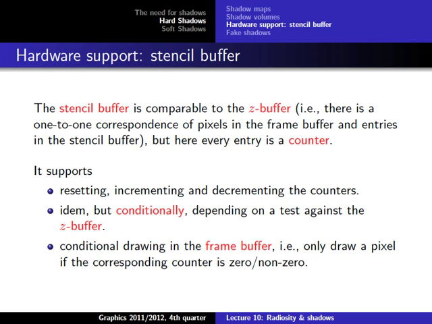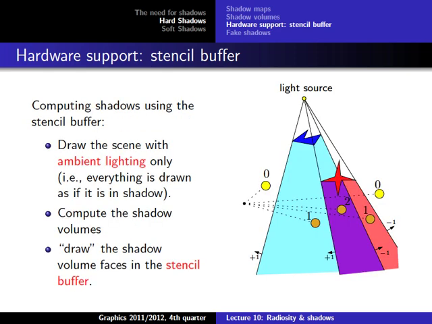The last is the conditional drawing of the frame buffer. That is, we draw a pixel if the counter is 0 or not 0, depending on whether it is in the shadow or not. And then there is also the conditional resetting, incrementing and decrementing based on a test against the Z buffer. That operation is probably not straightforward to understand, but if you look into how it works, then it becomes clear why we need it.